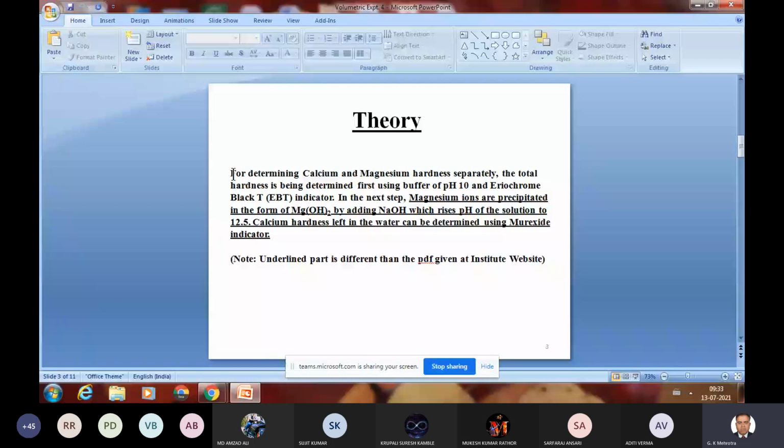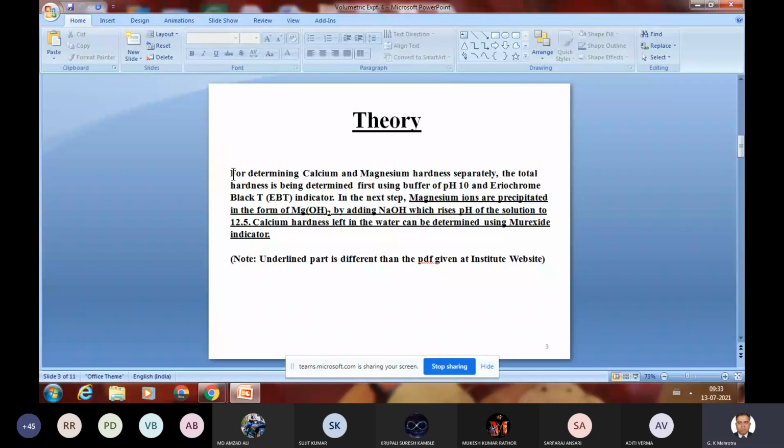So how to go about it? Now we have understood that. And this calcium and magnesium, I should mention, is actually permanent only. I want to clarify, remove your confusion regarding which type of calcium and magnesium you are going to determine. It is permanent only that we determine.